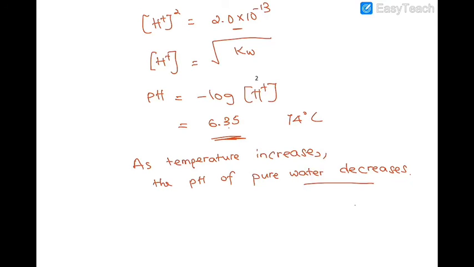So instead of having pure water at pH 7 at 25 degrees Celsius, as temperature is increasing, the pH of that pure water is falling. But it's not becoming acidic, it's just that the neutral pH is decreasing.